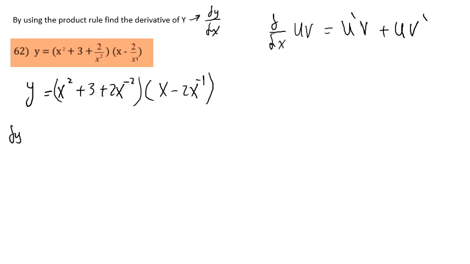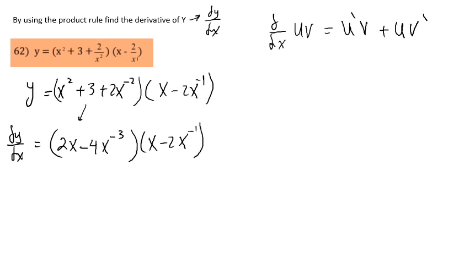So dy by dx is the derivative of the first, which is 2x, derivative of 3 is 0, negative 2 times 2 is negative 4, subtract from 2, 1, it's negative 3, multiplied by the second, plus the derivative of the second, which is 1 plus 2x power negative 2, multiplied by the first.